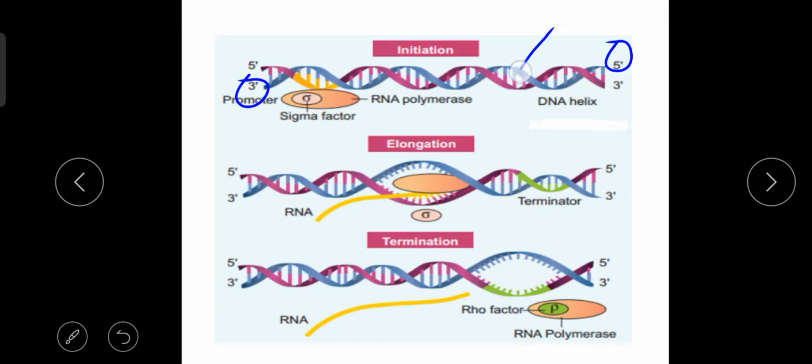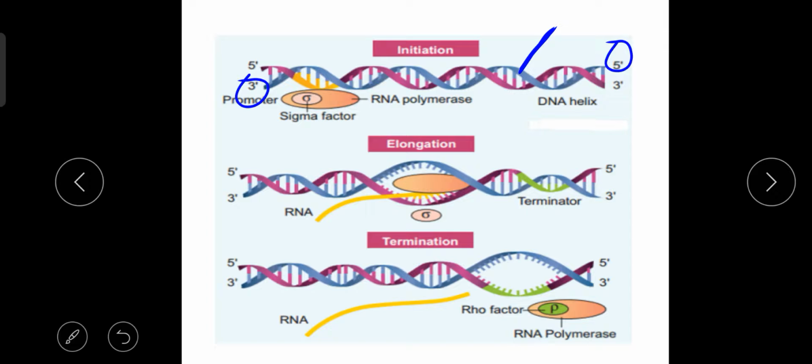The grayish strand is called the template strand, whose polarity is 3 prime to 5 prime. Only from this strand is the new RNA strand formed, because the new strand is always formed in the 5 prime to 3 prime direction, and that is why the template strand is always in the opposite direction, that means 3 prime to 5 prime.